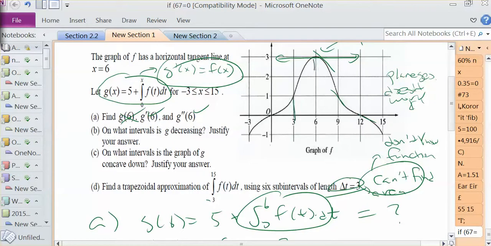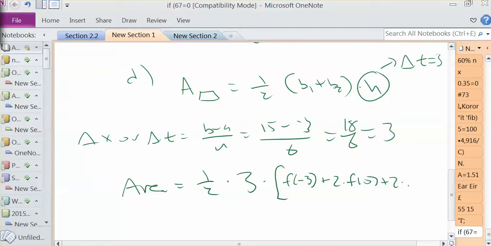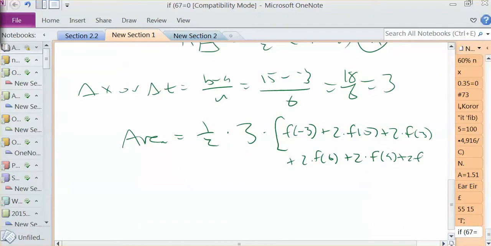So what we're doing is we're drawing these trapezoids here, with that right there being our height. And of course, the y values act as b1 and b2. So the way we find this area is 1/2 times my height, and then we use the first y value once, f of negative 3, plus 2 times f of 0, plus 2 times f of 3, plus 2 times f of 6, plus 2 times f of 9, plus 2 times f of 12, and then the last one, f of 15, just once.